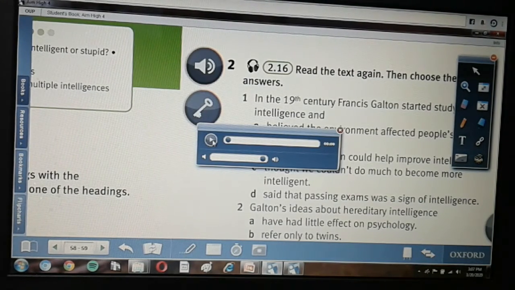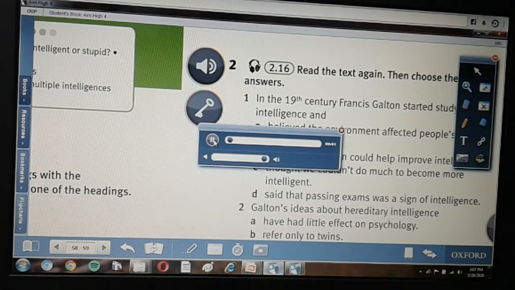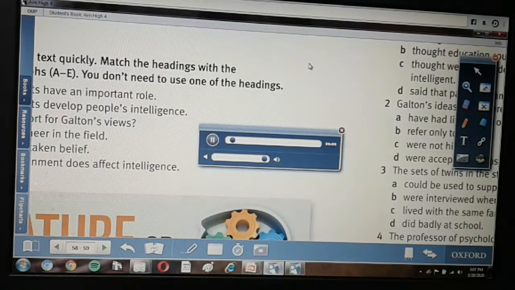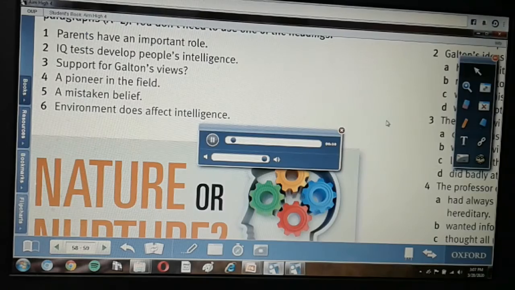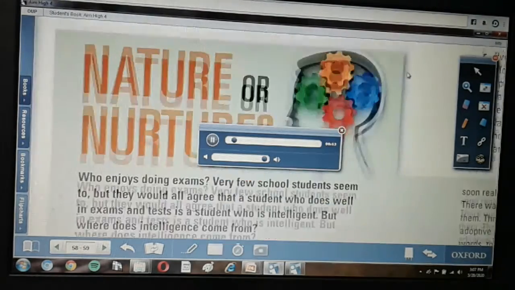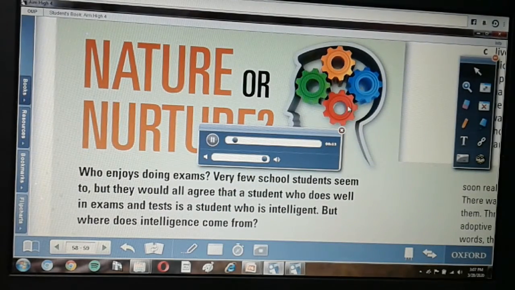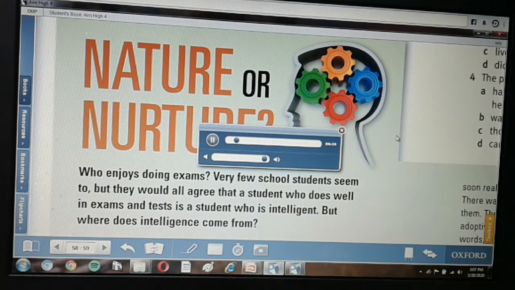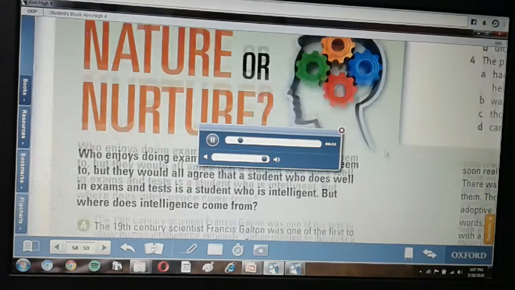1, 2, 3. Unit 7, page 59. Read. Exercise 2. Read and listen to the text. Nature or nurture? Who enjoys doing exams? Very few school students seem to, but they would all agree that a student who does well in exams and tests is a student who is intelligent. But where does intelligence come from?